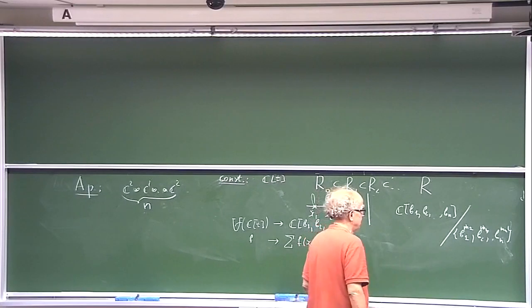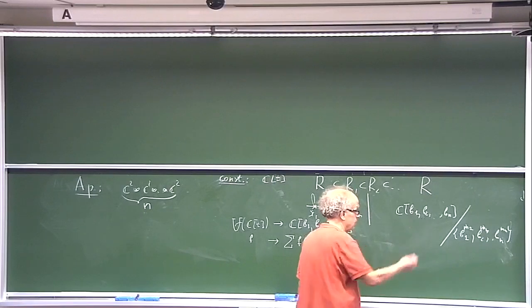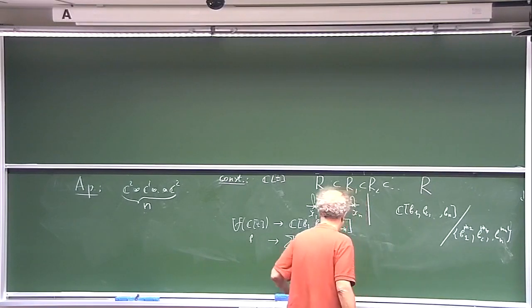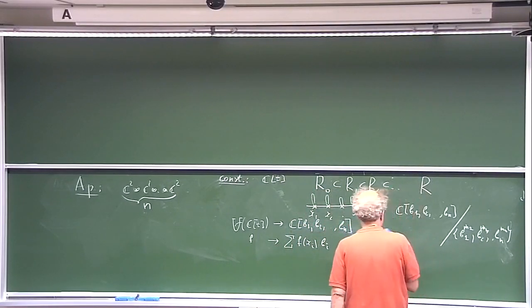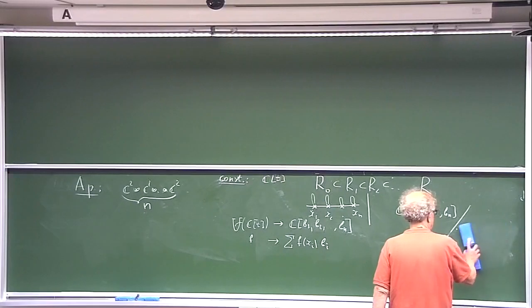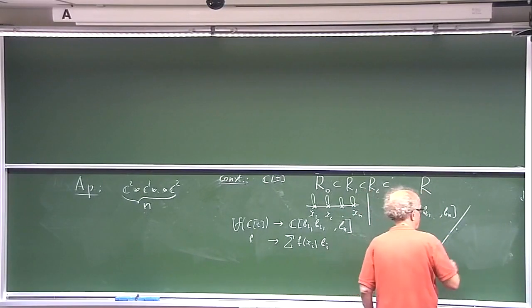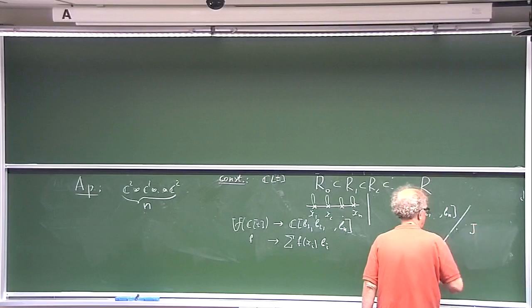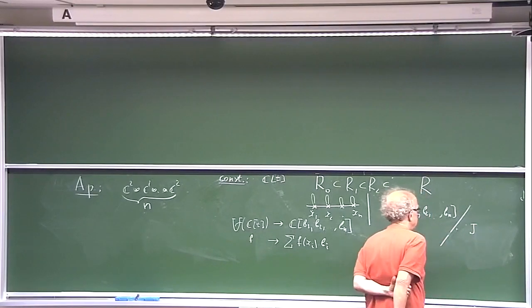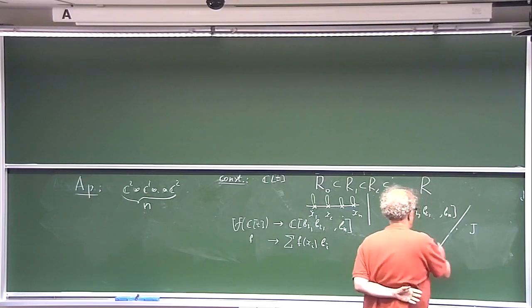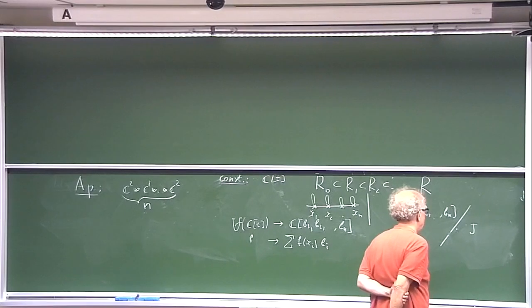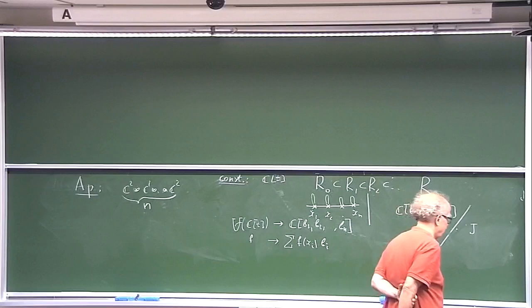This is the representation I considered. But if you look at my construction this way, then in principle I can take here any ideal J. If I want a finite dimensional representation, the only condition is that the codimension of this ideal is finite, and then I can ask what is this.